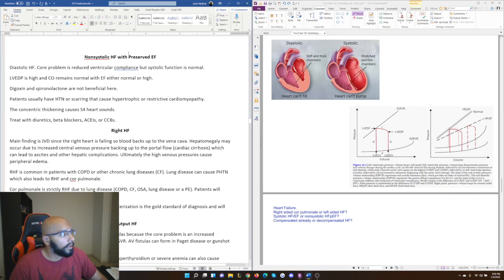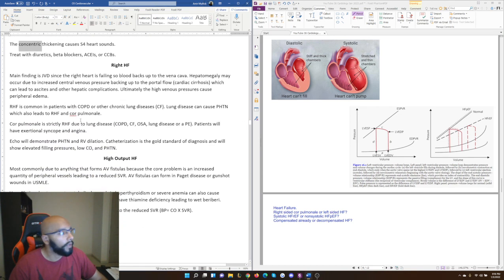And in non-systolic preserved ejection fraction heart failure, you have concentric hypertrophic cardiomyopathy, as you can see. Right? So this is hypertrophic, this is dilated cardiomyopathy, and we're going to see that when we get to cardiomyopathy in the next video. Treat basically with the same class of medications for the most part, and the patient should be fine.